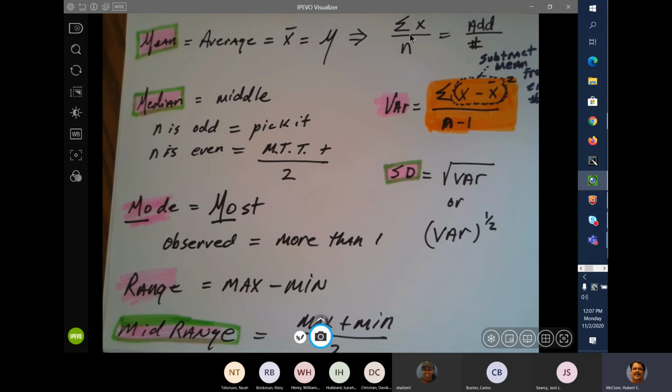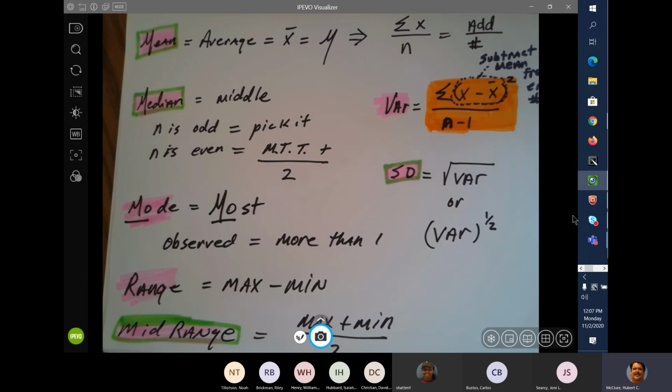Well, what did you do with your test scores when you were coming up through 7th and 8th grade? Sum them. Add them all up. Exactly. That funky looking E is called capital sigma or uppercase sigma, and it means add all the numbers up.